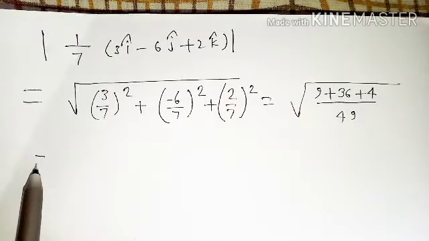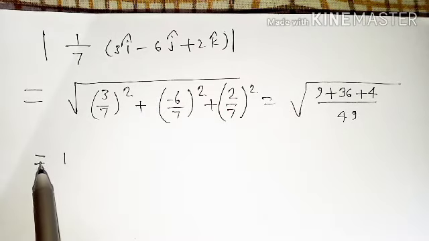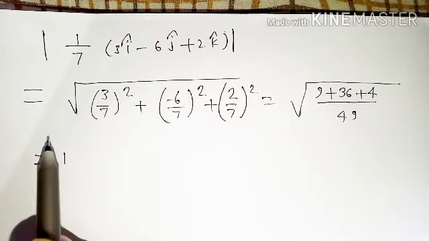So this is equal to 1. So we see that each of these vectors has magnitude 1 unit. So they are unit vectors.